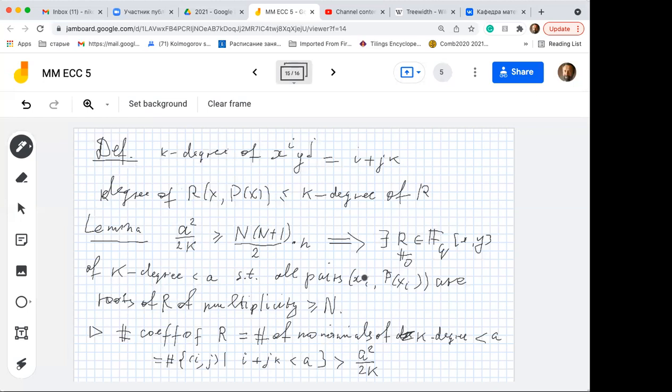And now we need to understand that each constraint about vanishing of R with large multiplicity at each such pair can be represented by N times N plus 1 over 2 linear homogeneous equations.